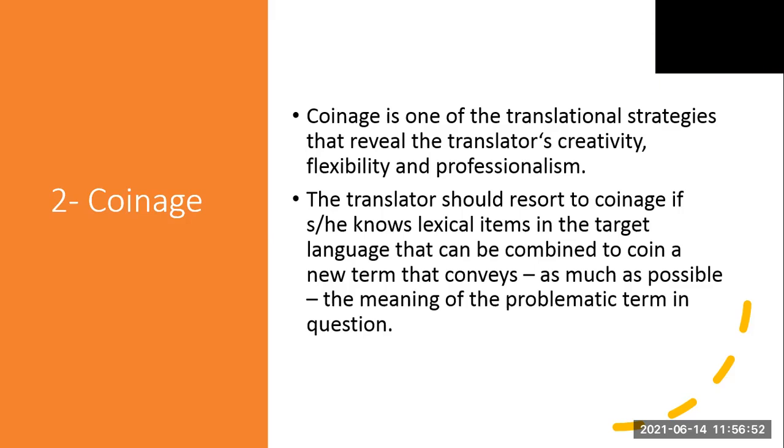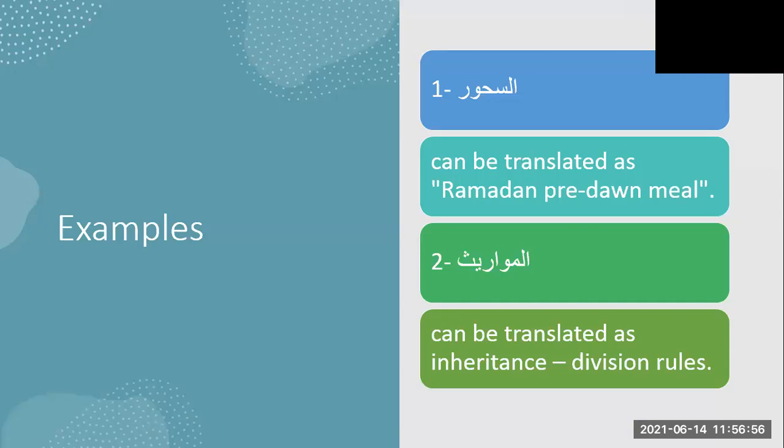Let's see an example for coinage. إحنا عملنا المسحراتي. طيب السحور, there is no equivalent. There is no equivalent in English. In the case of المسحراتي, we had to paraphrase. Now, what about suhoor? How about saying this? Ramadan, pre-dawn meal.